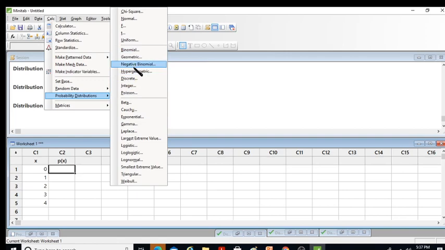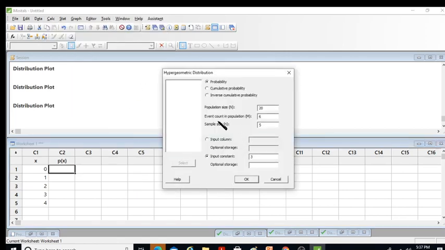So I'm using hypergeometric, and here I'm interested in calculating the probability. In this problem, we have 300 parts altogether and 100 parts from the local supplier, and we are taking a sample size of 4.